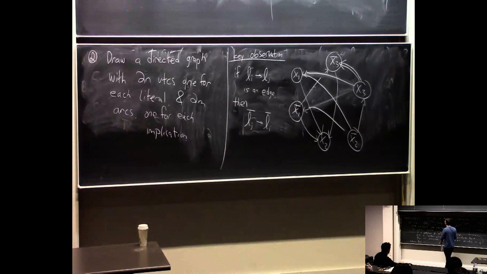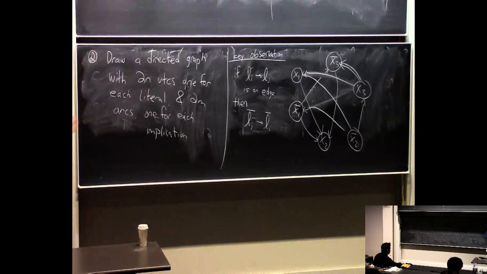Now, you see, this graph is helpful because it kind of tells you about the flow of implications that are implied by the constraints and the clauses in the input. You see, it easily shows you things. Suppose hypothetically that you were looking for a satisfying assignment where x2 was false.